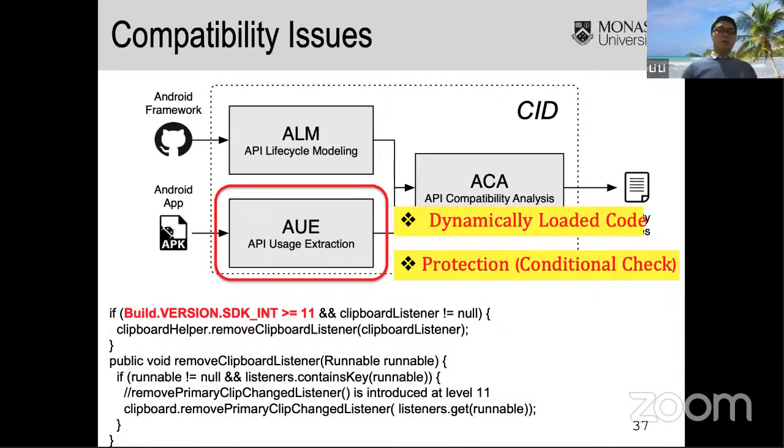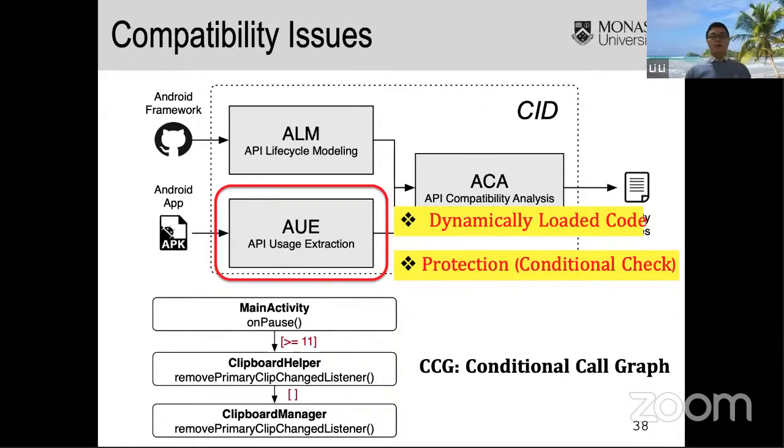So we want to make sure that those protections will be recognized so that we will not report compatibility issues which are not actually present, or in other words, where there are no such compatibility issues.